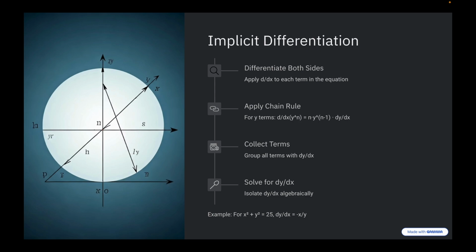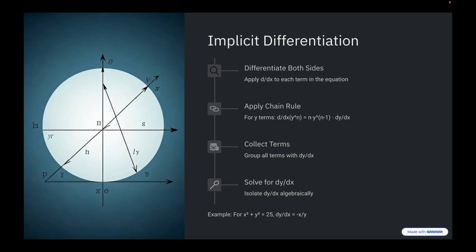So what we have to do is apply something called implicit differentiation, which also uses the chain rule. So what we have to do first is apply d over dx to both sides, or d over dy if you want to do it in terms of y.